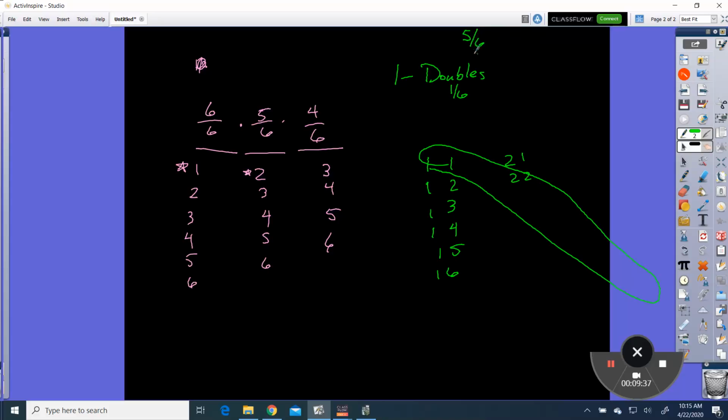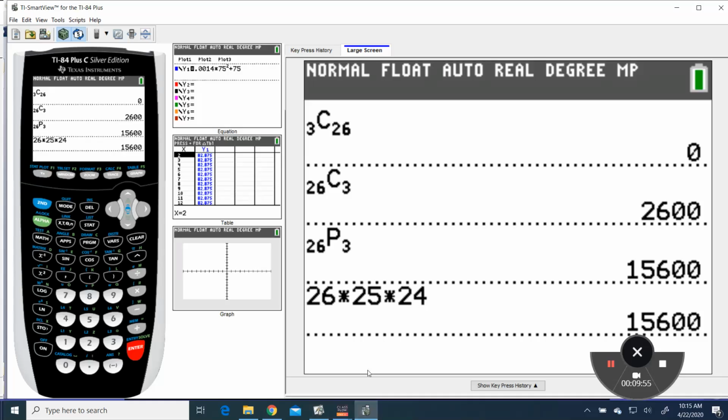But now we're going to roll them 3 times in a row. So what is the probability of rolling a pair of dice 3 times and never getting doubles? So that's going to be 5/6 times 5/6 times 5/6. So 1 minus that. Okay, so I go to my calculator: 1 minus 5 divided by 6 to the third.